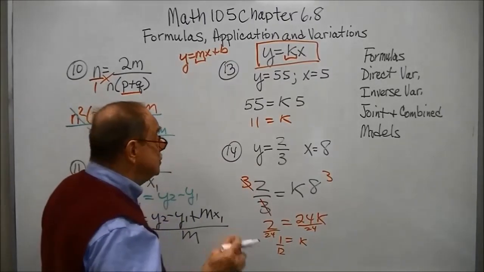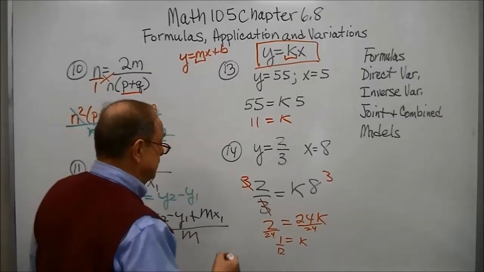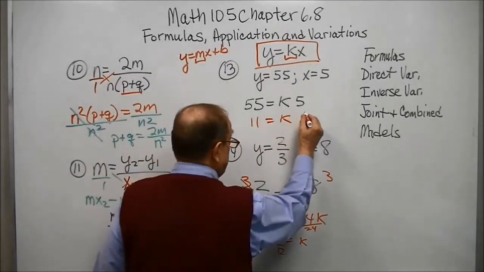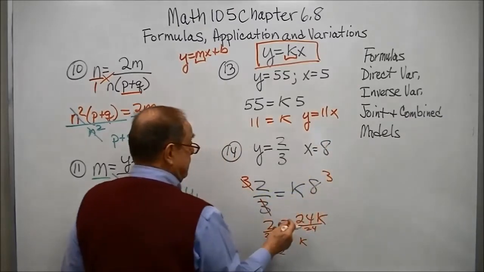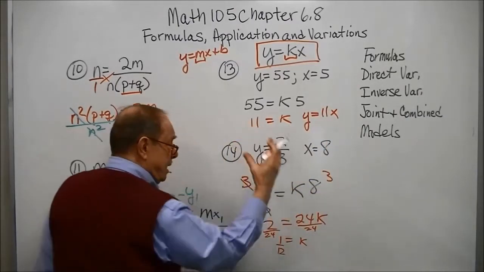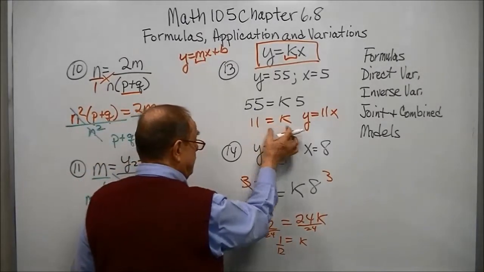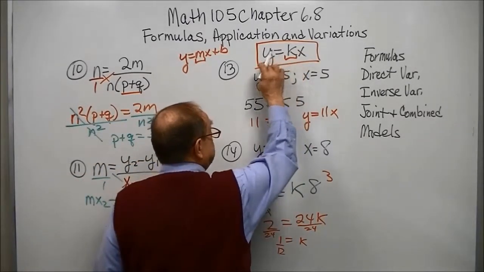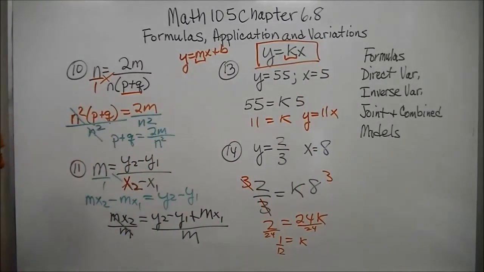Well, what is your new formula for variation with this constant? And it would be written then, y equals 11x. So they're asking you for a couple of things. You had to find k, and then you put the k to replace it in your direct variation formula.